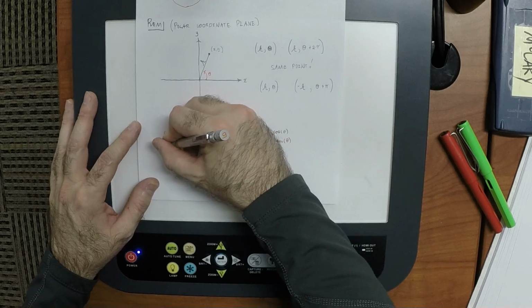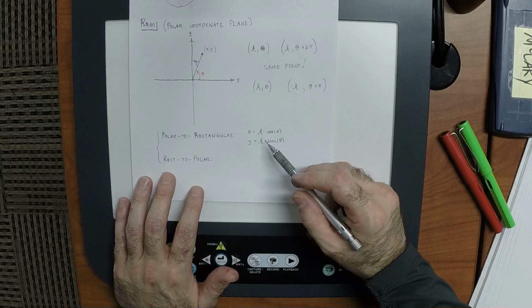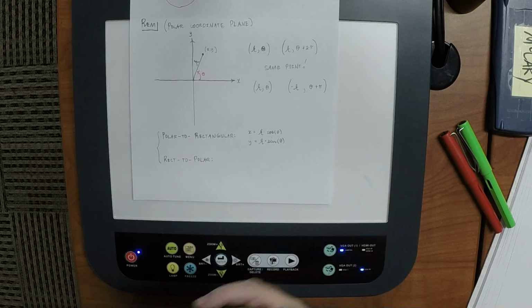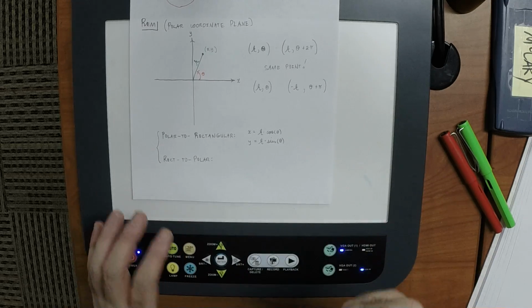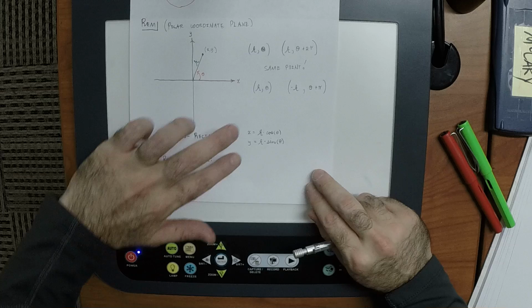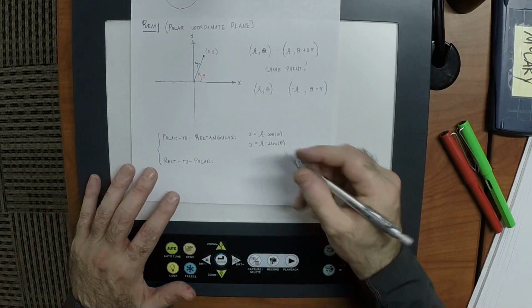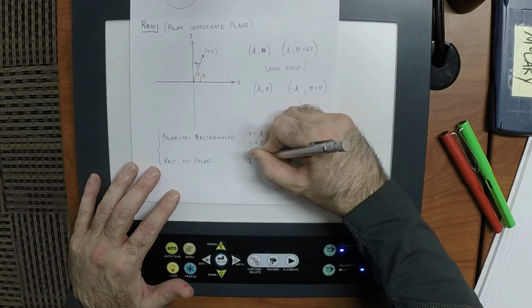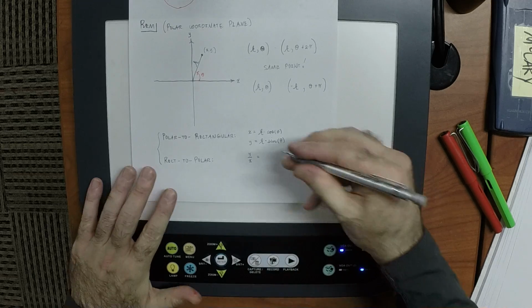Besides these two formulas, what if we take the y equation and divide it by the x equation? So divide the left-hand sides, divide the right-hand sides. Then the left-hand side would be y over x. And what's the right-hand side? Tangent of theta.